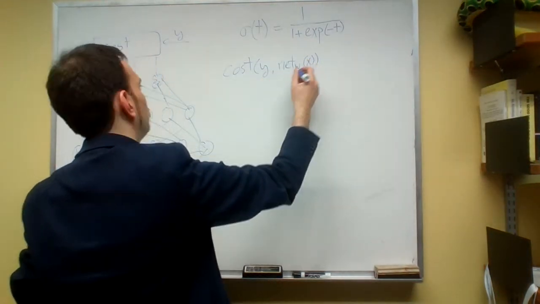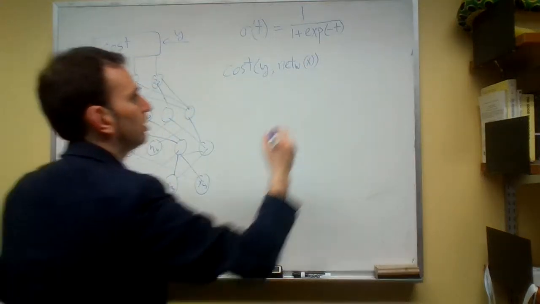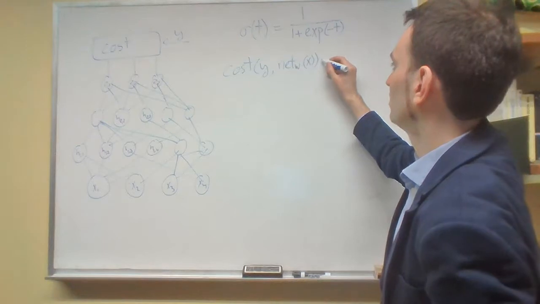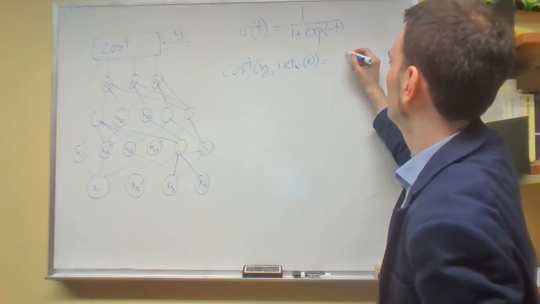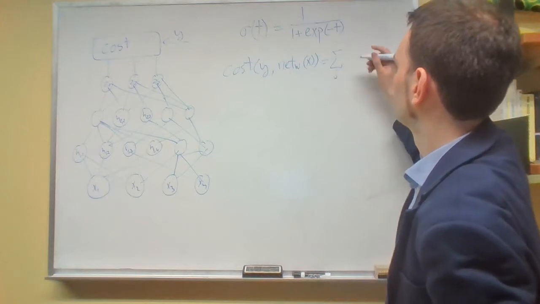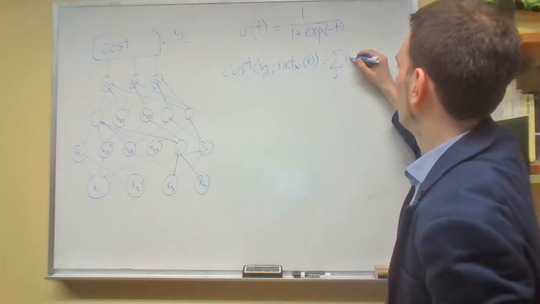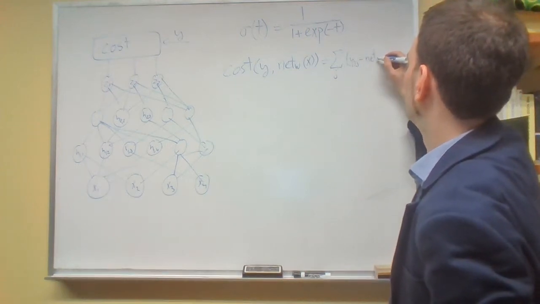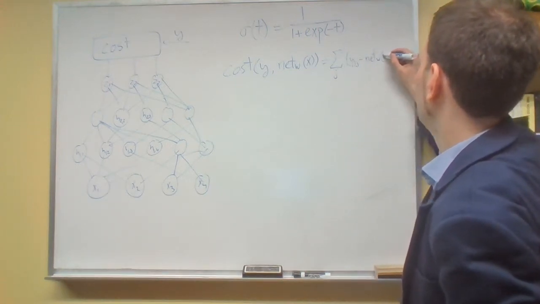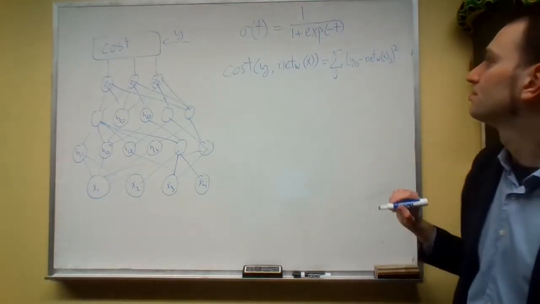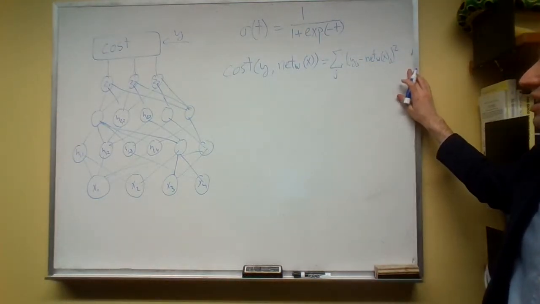And of course, if w changes, the z's change as well. And what we'll do is compute the squared Euclidean distance between those. So it's going to be the sum over j of yj minus net w x j all squared. So that's going to be like that.